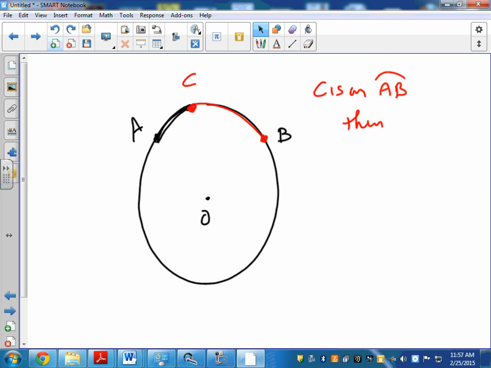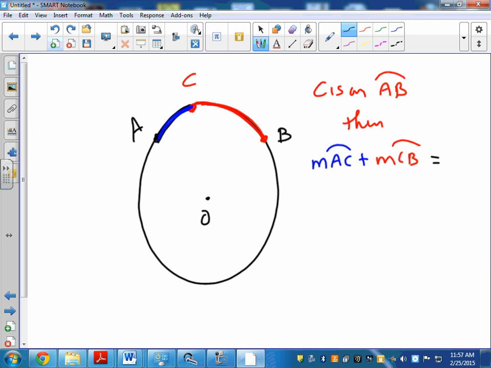So the measure of AC plus the measure of CB is going to be equal to the measure of AB. So you take this one, add up that one, it's going to be the same as the whole arc AB.